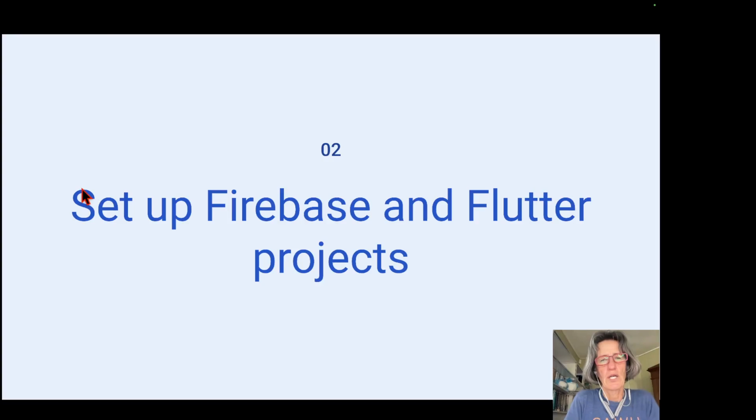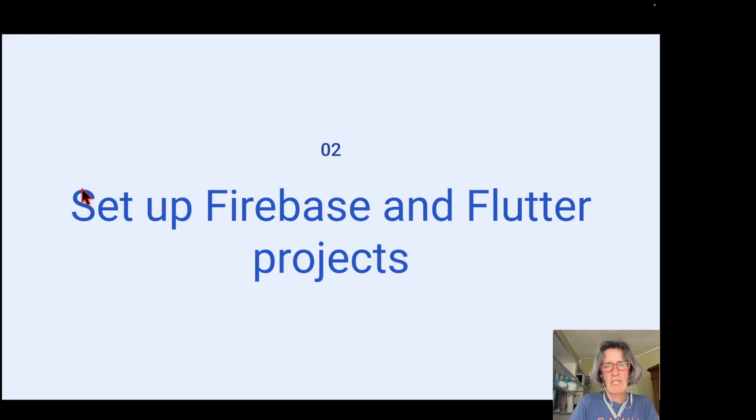Now, today I said we wanted to build an app from scratch. So the first thing you have to do is set up Firebase and Flutter projects. So I assume at this point you have installed Flutter and you have installed your Firebase command line interface. If you struggle with that, there are plenty of tutorials that help you with these very first steps.